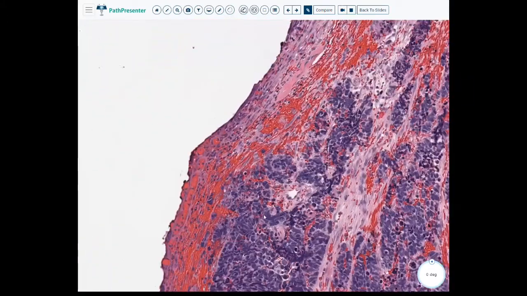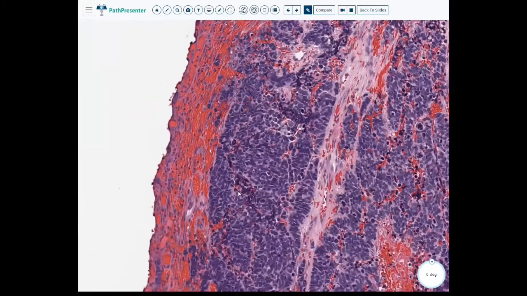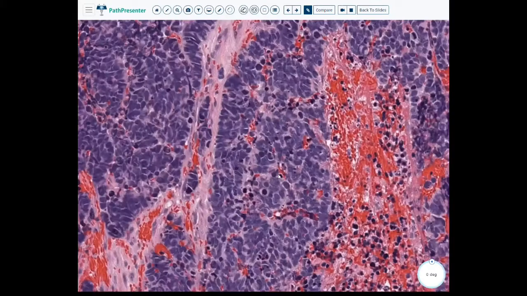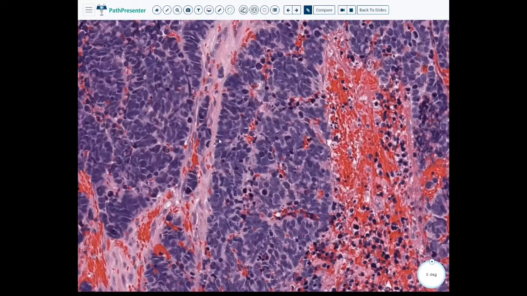So we've lost our urothelium. Okay, so we have some ulceration there. And what we see with our lesion is that everything is jam-packed in here. We have nuclear molding. They're extremely hyperchromatic. We are not seeing nucleoli, so inconspicuous nucleoli, right? They're just not there. And these cells have very little to no cytoplasm.